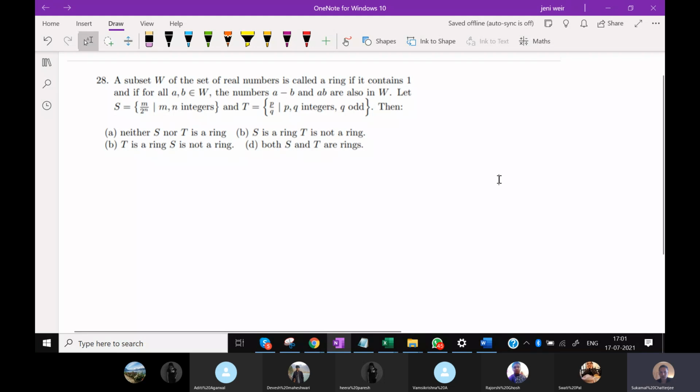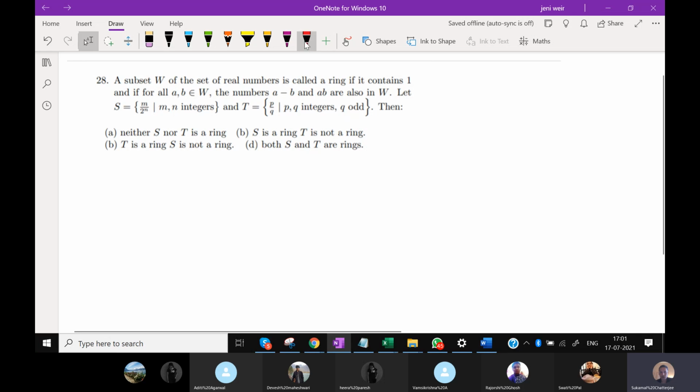We have a subset W of the set of real numbers, and it is called a ring if it contains one, and if for all A and B being elements of W, the numbers A minus B and AB are also in W. So that means you have to understand the question carefully.